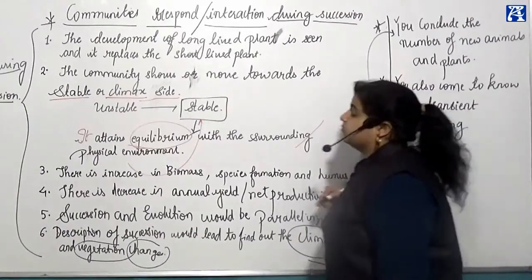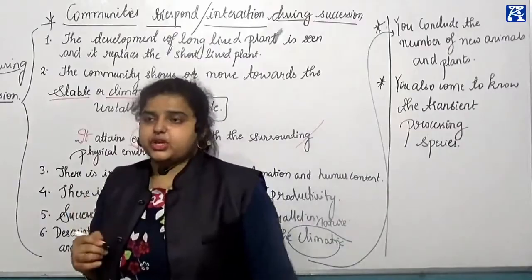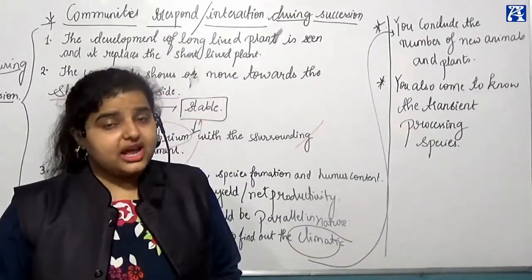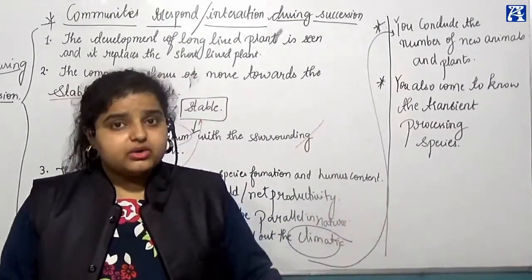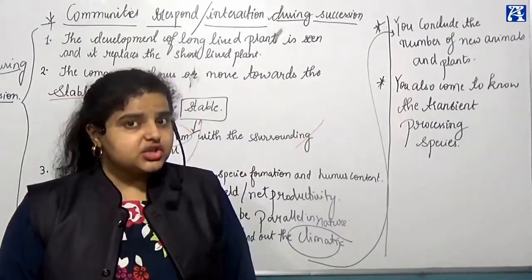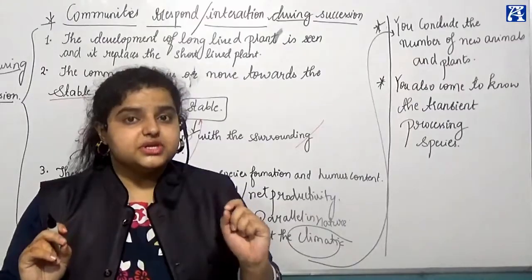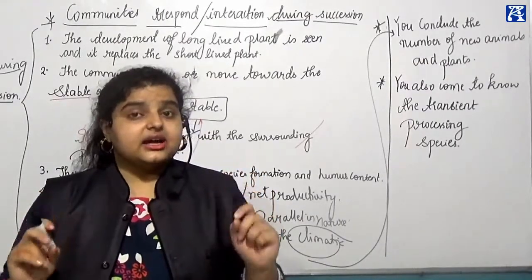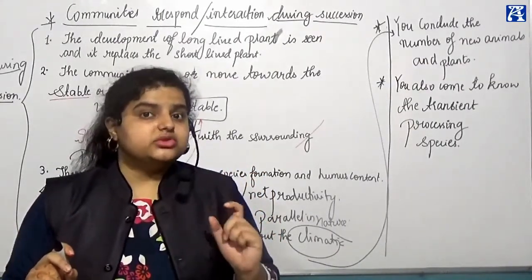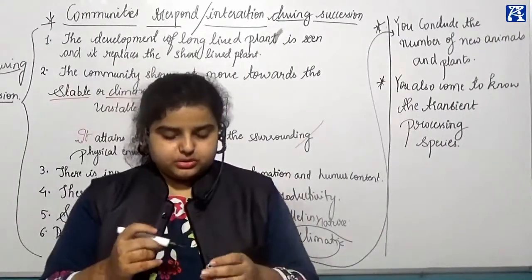Clear? You come to know about transients when you come to know the pioneer and climax species, when you study succession in description. That time you come to know about the transient species. Got it? This is all the pointers.